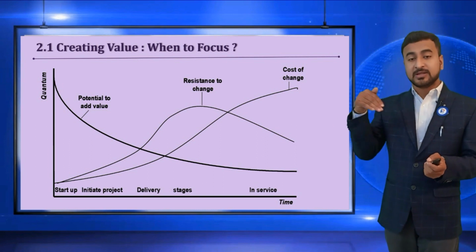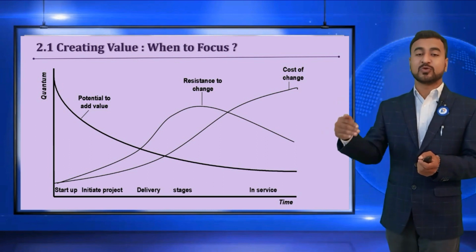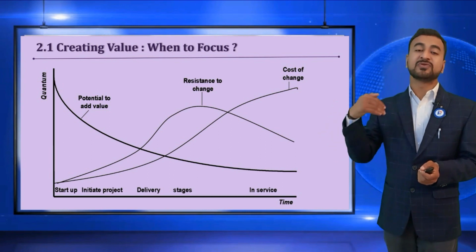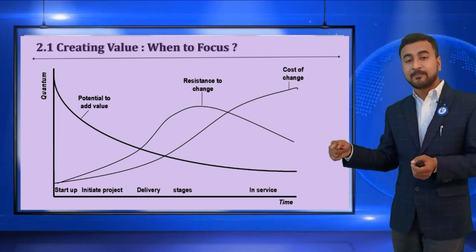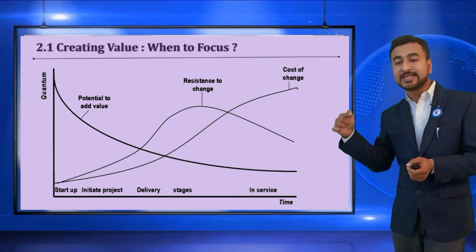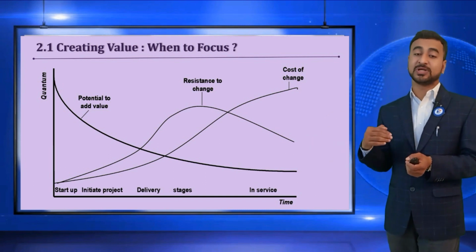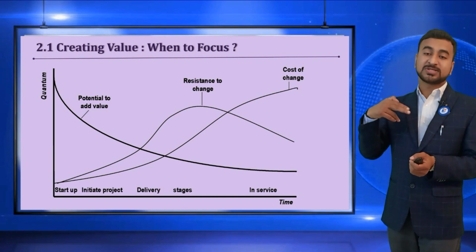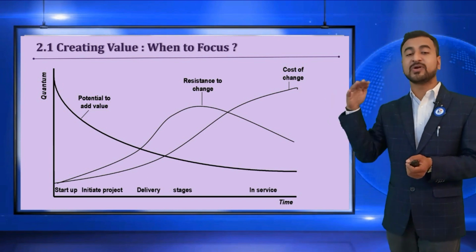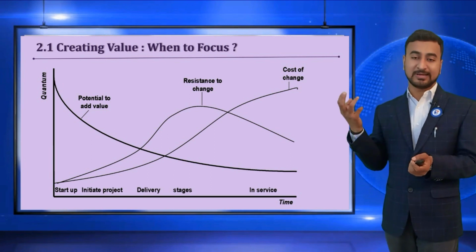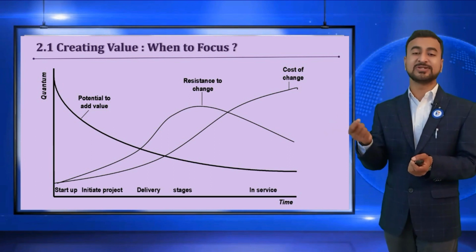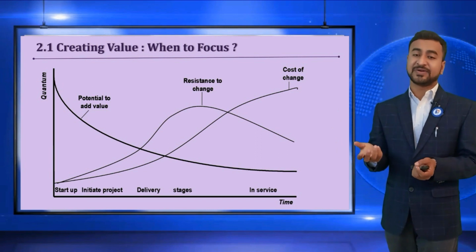But if you plan to add value in between or at a later stage of implementation, that would be difficult. If you check over here, the potential to add value decreases during the project execution, and the cost of change also increases. At the initial level there is not much change or cost required; you just need to change the blueprint or some architectural drawings.